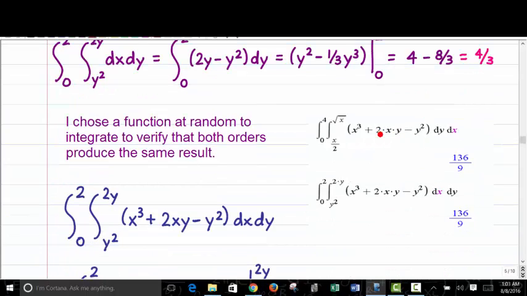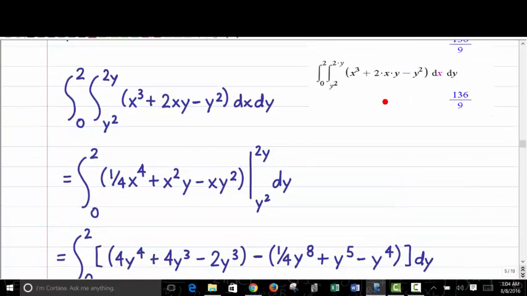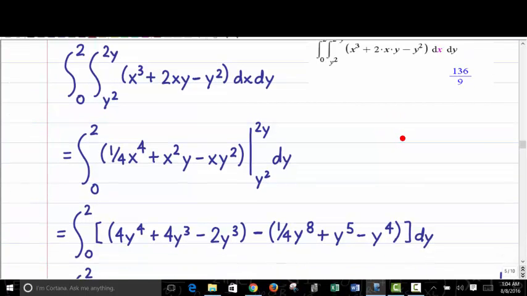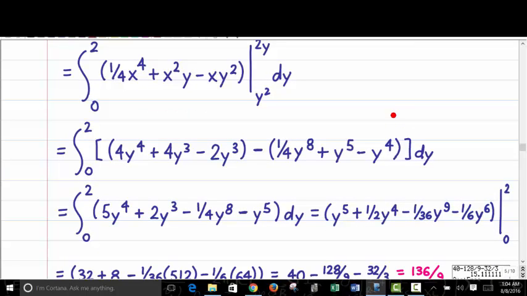Okay, so I just put another function in there, let Maple do that. And so like I said, whether you're integrating dx dy, dy dx, or some function, it still needs to be the same answer. And it looks like I went through the mechanics on this one. I think I'll skip over this just to save time. If you ever have questions, you can email me.